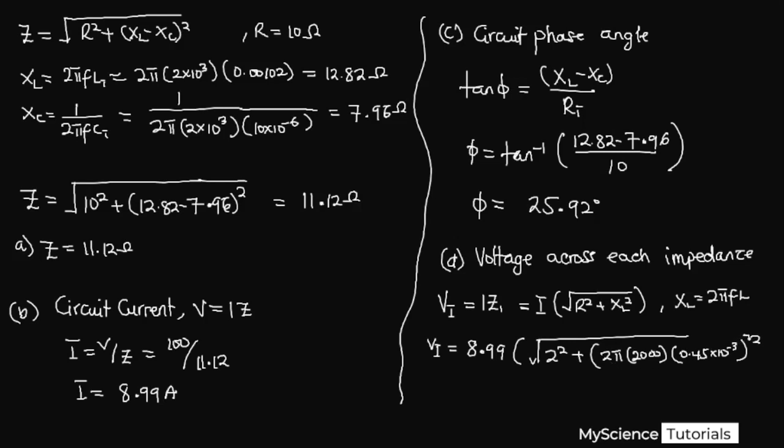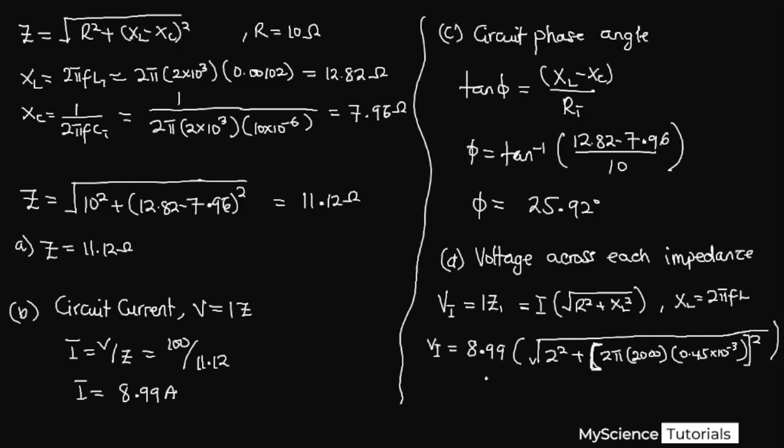Let me make this in a bigger bracket so we can identify it. We are squaring 2 pi F L, where F is the frequency and L is the inductance. This is the formula for XL, so this is XL squared, and the root sign is affecting it all.